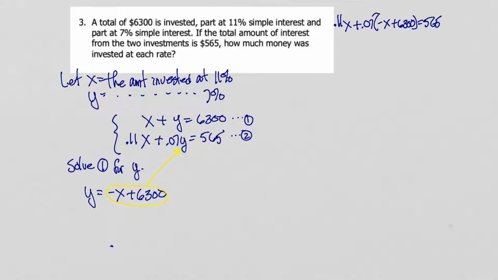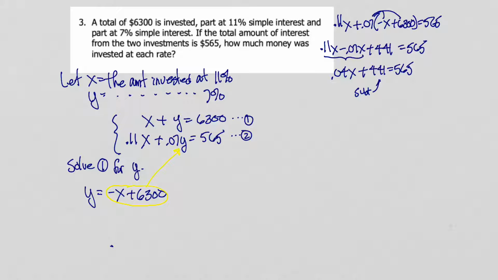So let's multiply through here. So we'll get 0.11x minus 0.07x, and then when I make this multiplication, 0.07 times 6,300, I got 441, and that's equal to 565. This is like 11 minus 7 is 0.04x plus 441 equals 565.